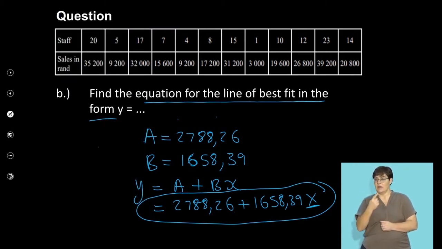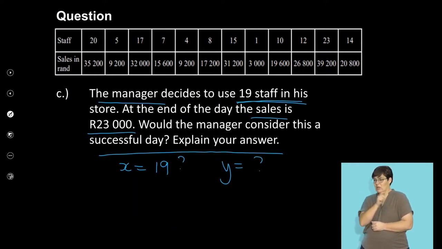But now, the manager used 19 and got what? 23,000. And what do we get?